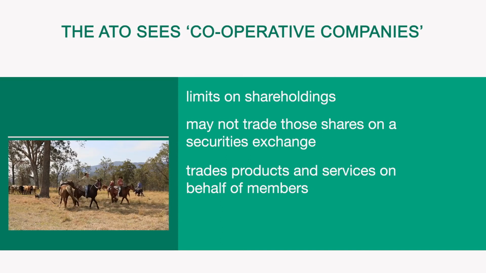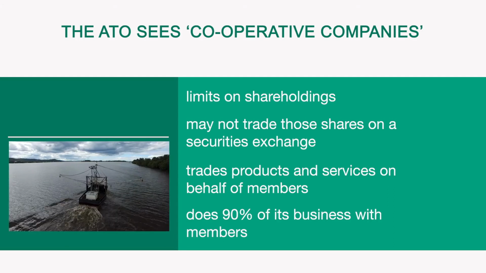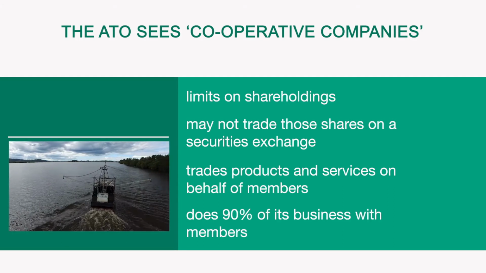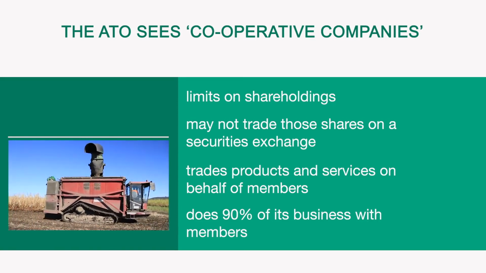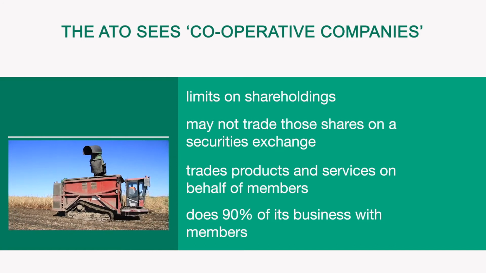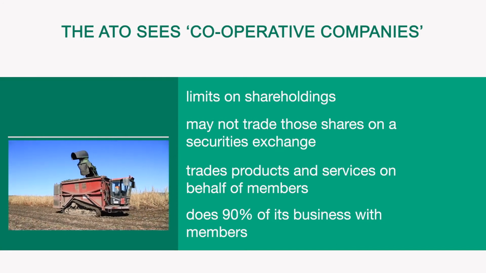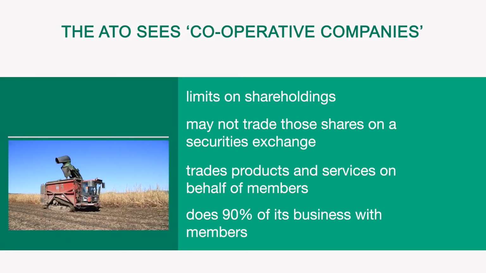The corporation trades in products and services on behalf of members, and it does at least 90% of its business with members. These characteristics are common in the co-op sector. A distributing co-op that provides agricultural services to members is likely to meet the definition of a cooperative company.